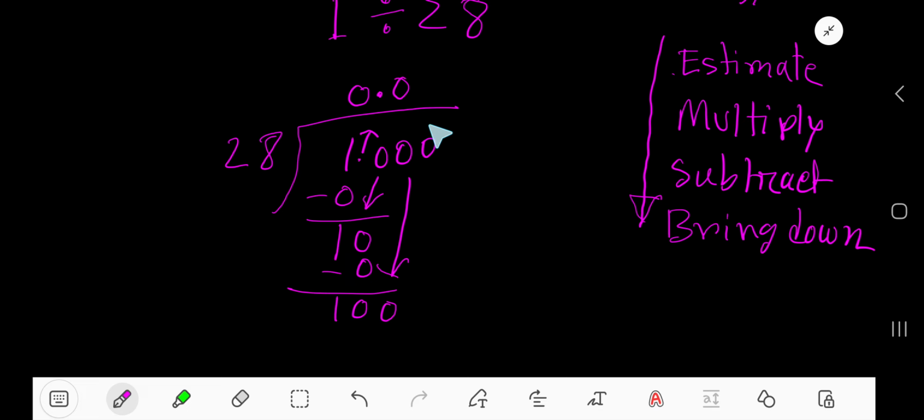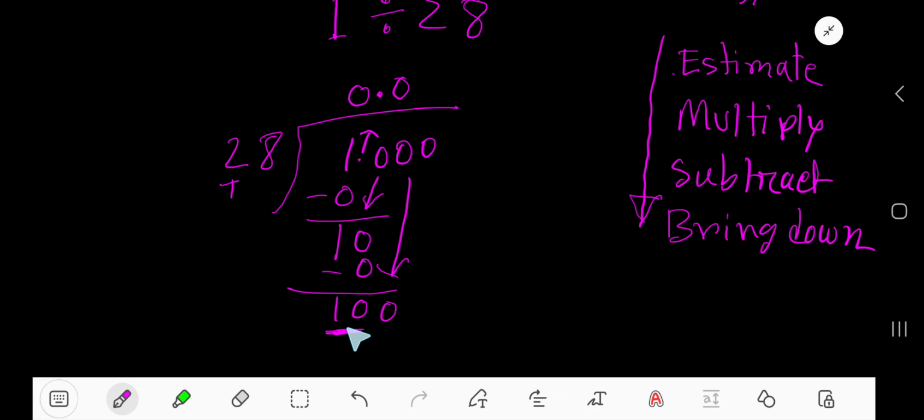Okay, we need good estimation, right? So how can I do this? The first number of the divisor is 2, and the divisible unit by 2 in the quotient is 10, you can assume.